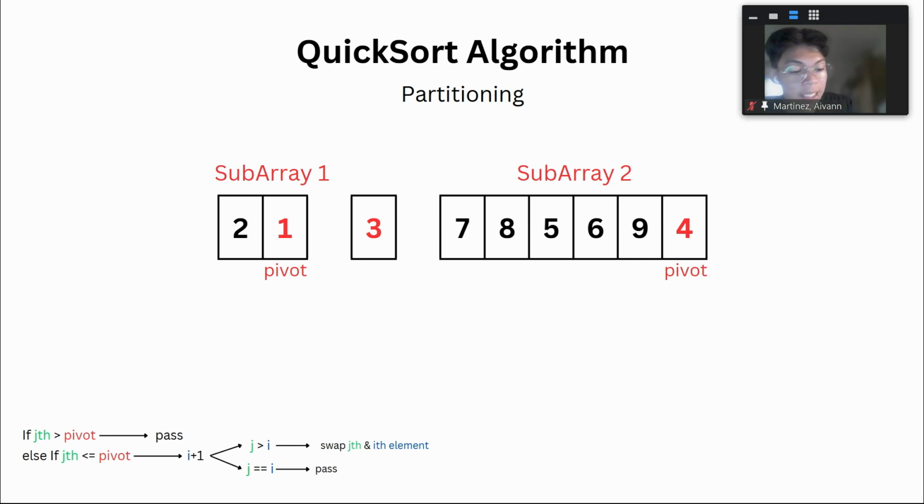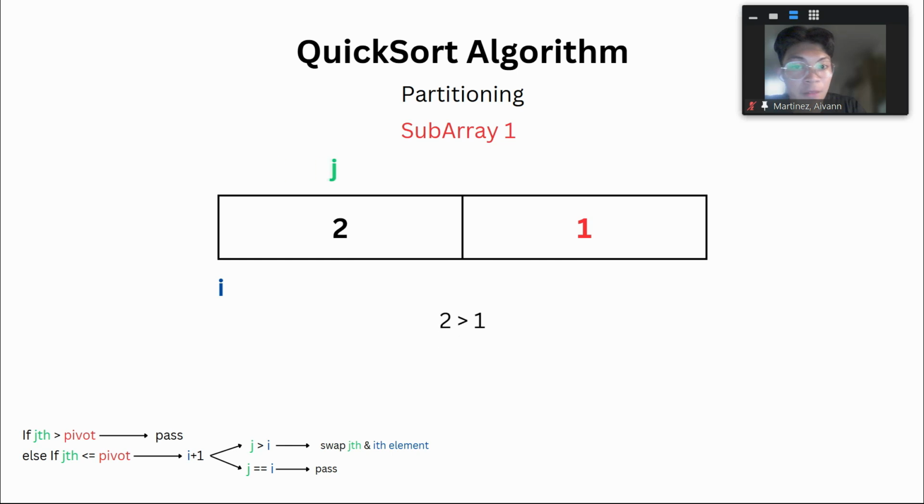So repeating the whole process again, for subarray 1, after iterating j, we have to ask again, is our jth element, which is 2, greater than 1, our pivot element? Yes, so we just have to iterate j. So after iterating j, we have to ask again, is our jth element, which is 1, greater than our pivot element?